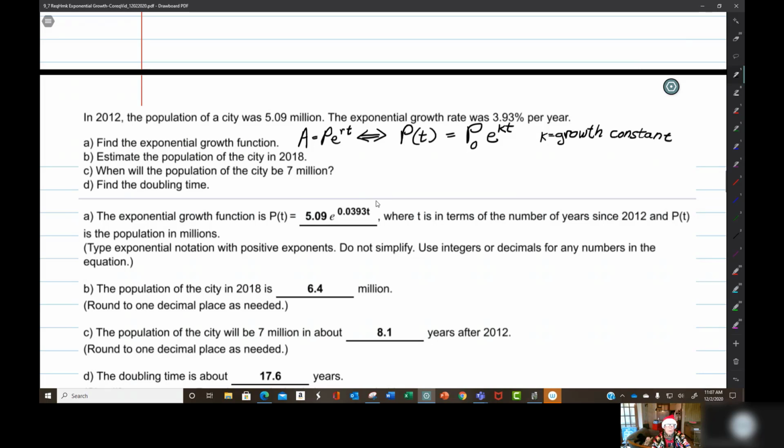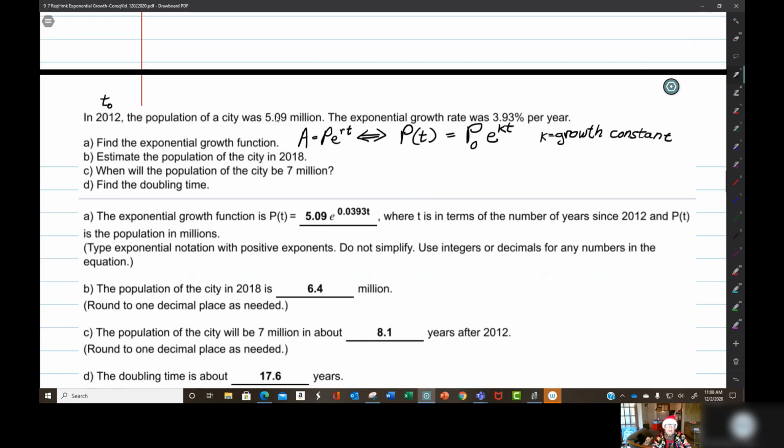All right, now we have to find the exponential growth function for this problem. So this study starts in 2012. We would call that t zero. T zero means the very beginning, and you as the researcher, for instance, would have said in 2012, I think I'm going to begin a study of population. So for your study, that's the beginning of time.